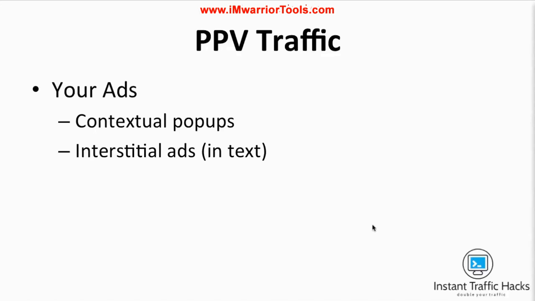And then next are the interstitial ads or the in-text ads. The way these text ads work is when there's a body of text. Let's say somebody's reading a Wikipedia article on how to improve their golf swing.